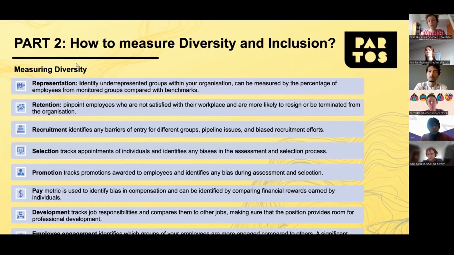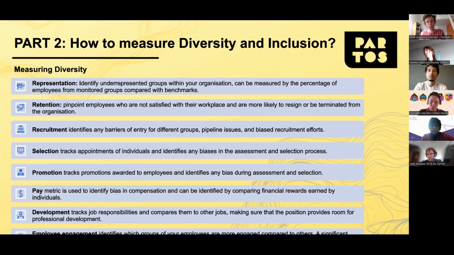It can also focus on the selection part: is there, at this point of the recruitment, a bias that might affect underrepresented groups? It can also be the retention point, to see if certain underrepresented groups are leaving more than other majority groups. You can focus on promotion, pay, and development.